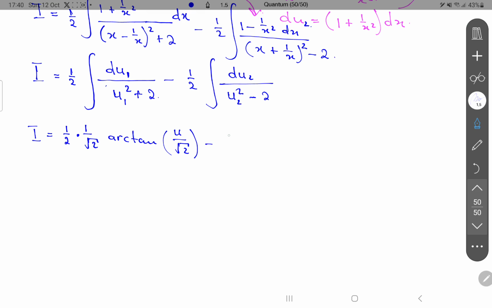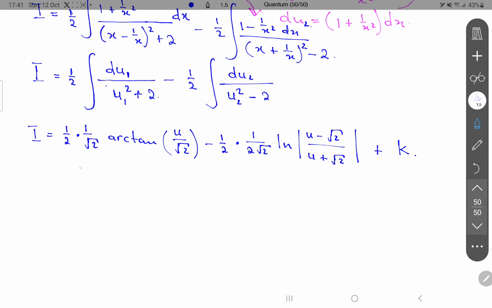The second one is going to be a half multiplied by 1 over 2 root 2, and it's going to be the natural logarithm of u minus root 2 all over u plus root 2, plus k.